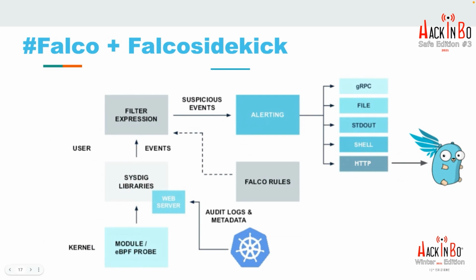Let's now move our focus to the second component we talked about before, and that is Falco Sidekick. We talked about Falco so far, and we understood that Falco is basically an engine which generates security alerts based on Falco rules. But what can we do with those alerts? Of course, we can decide to keep them locally and just have a look at those events.